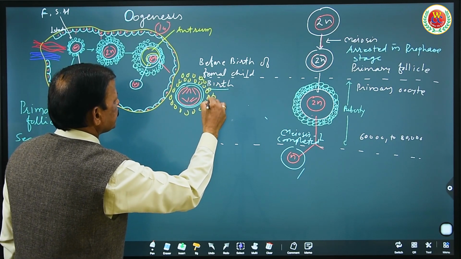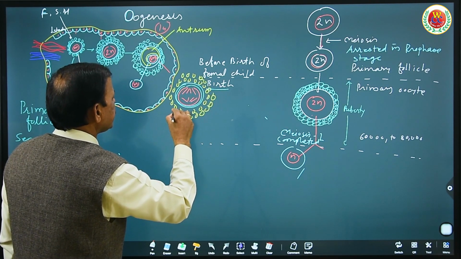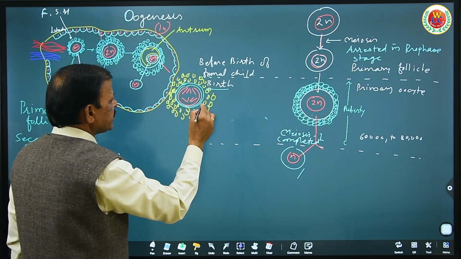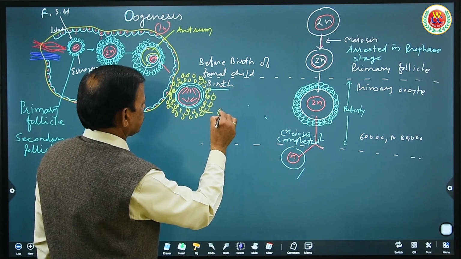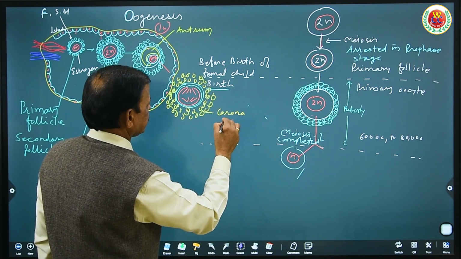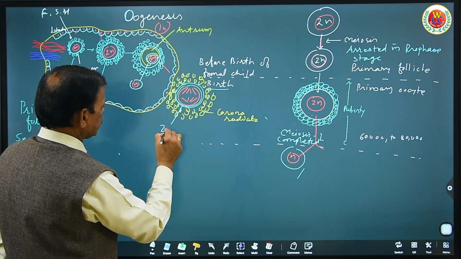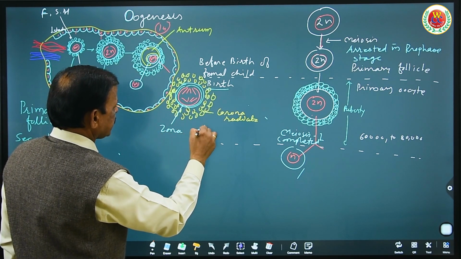These are the cells which hold together by hyaluronic acid. These cells held together around zona pellucida.